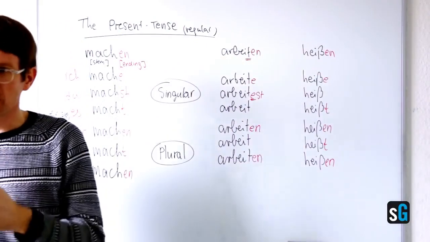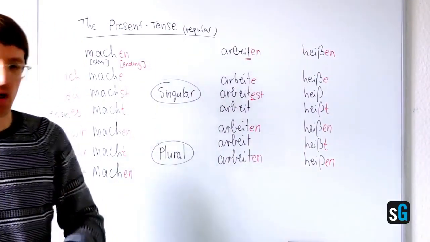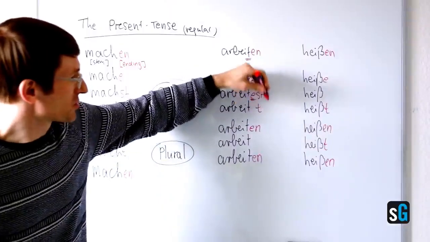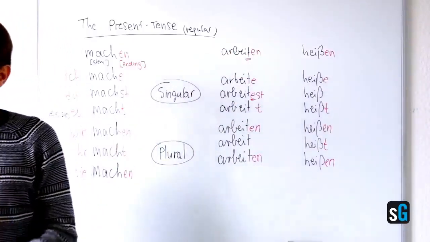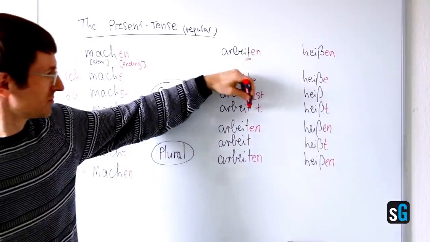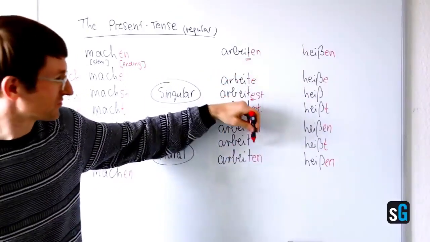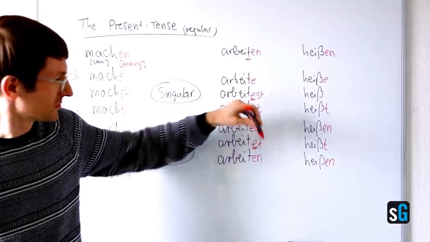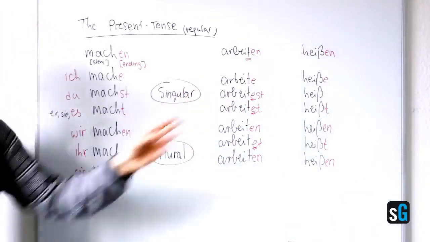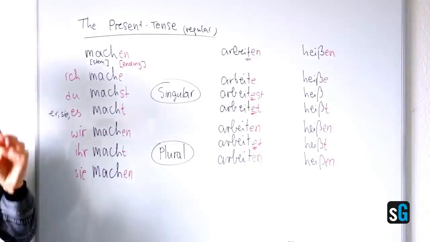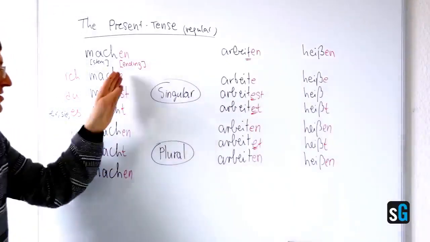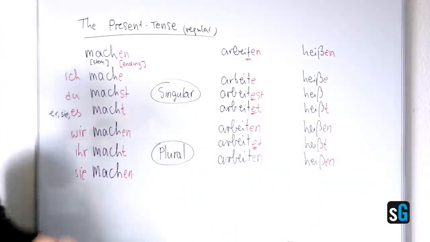The same applies to er arbeitet. It wouldn't work to just add a T. We have to add another E here as well. The same here. Voila. So it might happen that you have to add an additional E, but in general these are the endings.